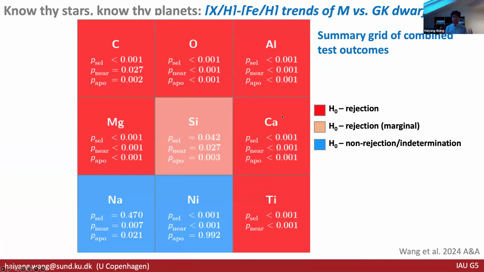So this is just the summary with the test p-value of the 3 different selections of sample. This will give you a relatively intuitive sense of which elements are statistically inconsistent between the M-dwarf and GALAH, which ones are actually questionable or even need to be further examined.